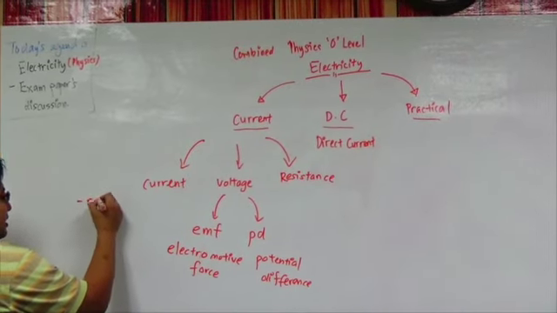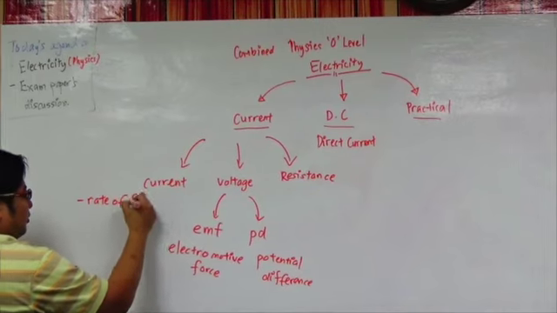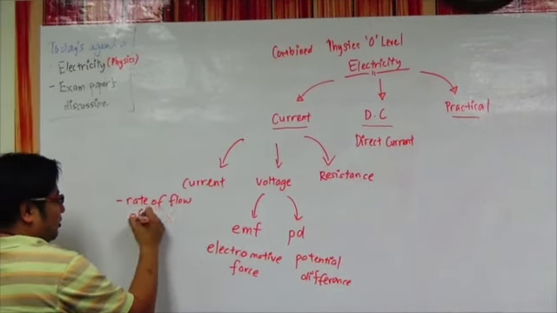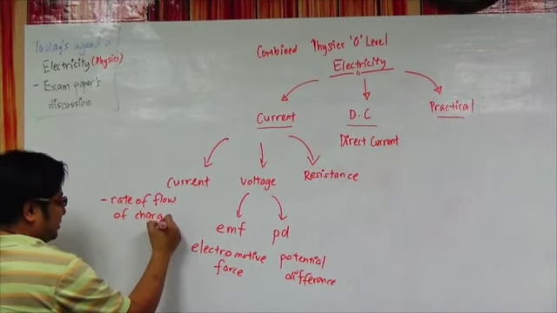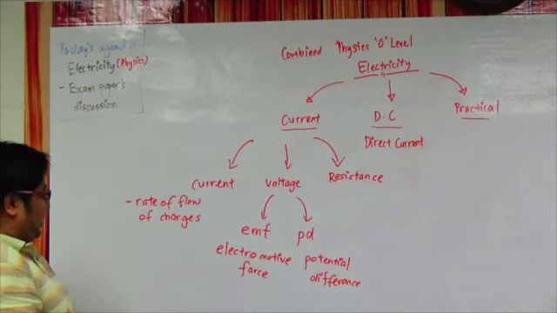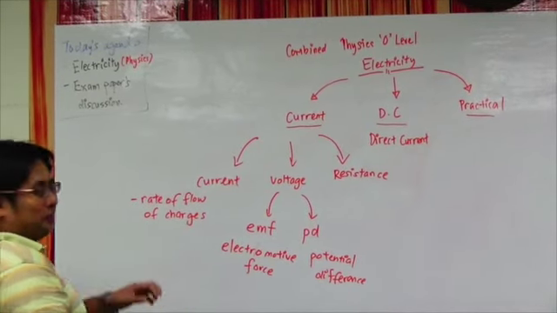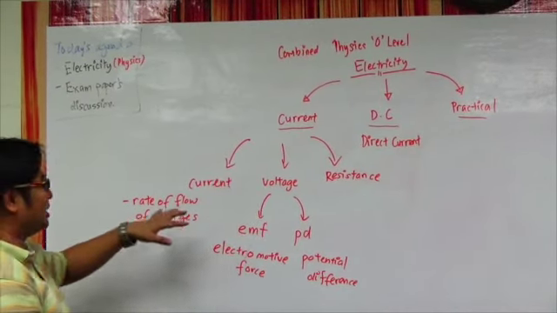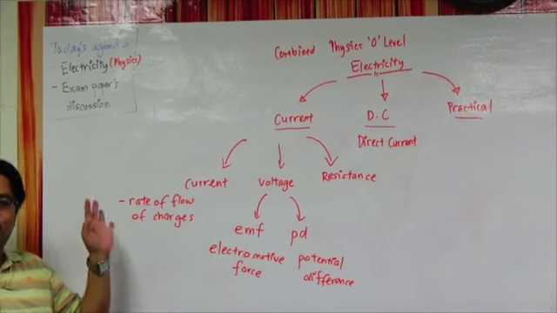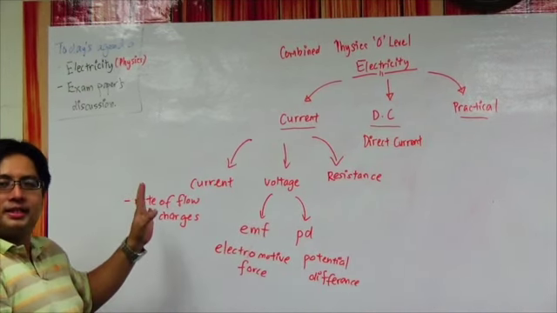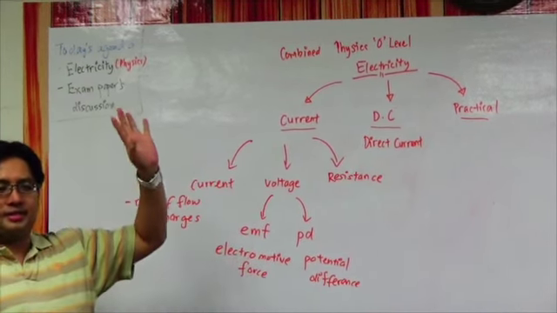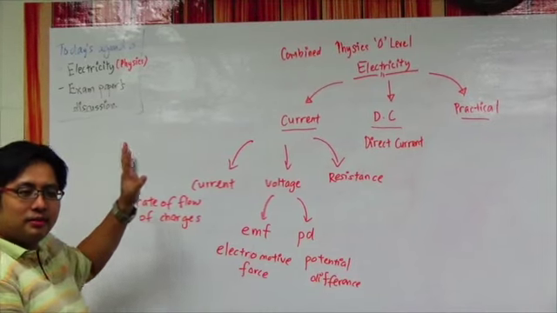It says that it is a rate of flow of charges. Quite a lot of words that perhaps you don't understand. Anyone don't understand what is rate? If you don't understand, you can raise hand.